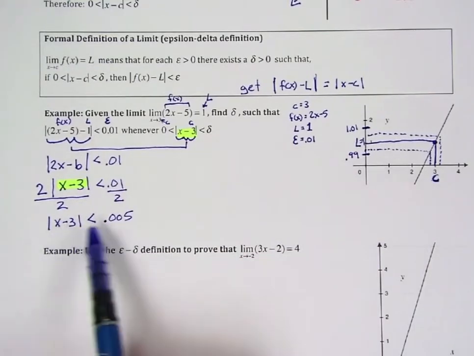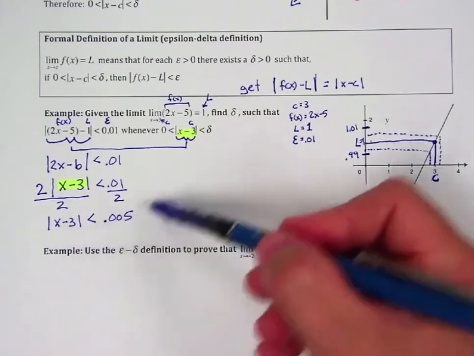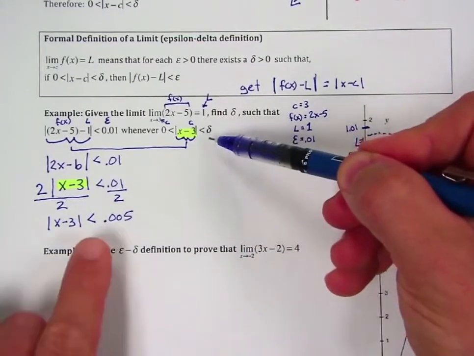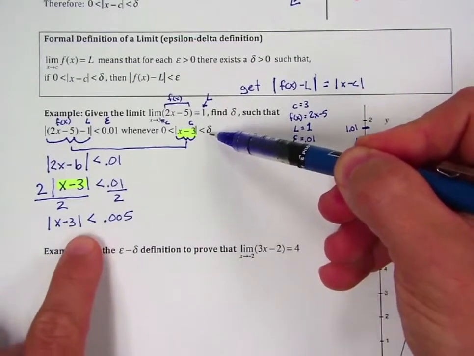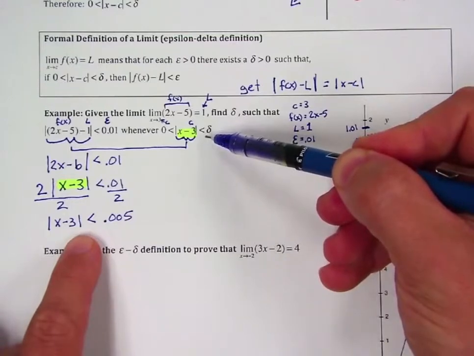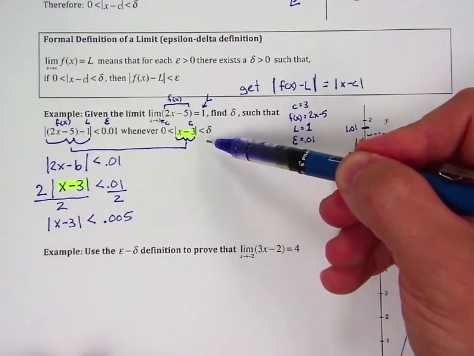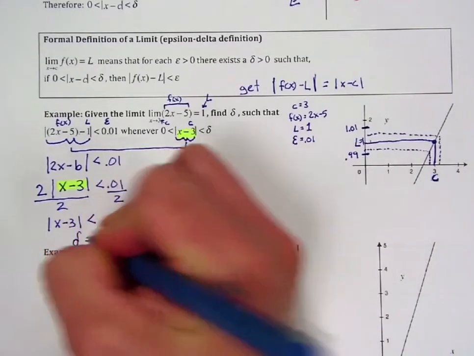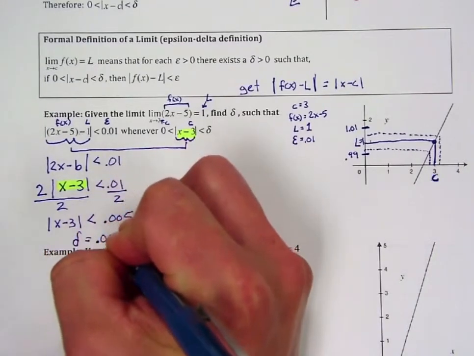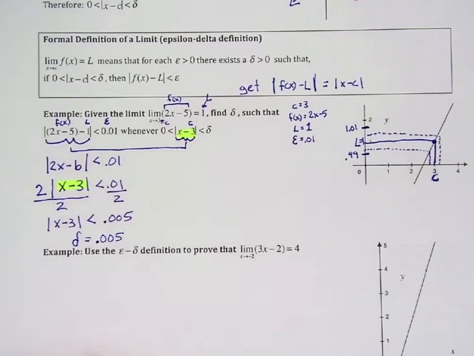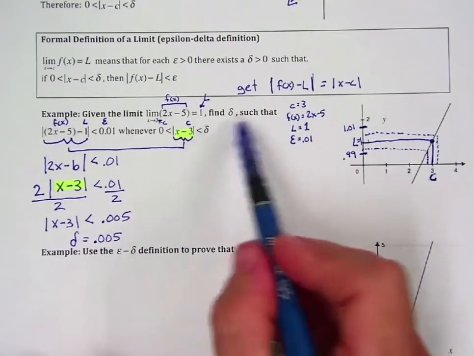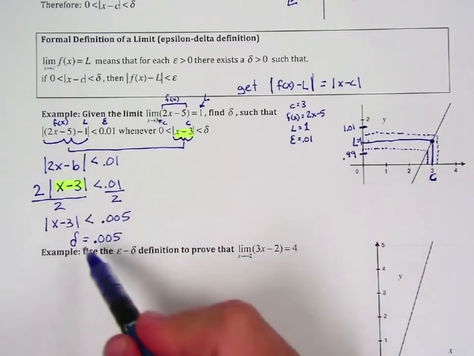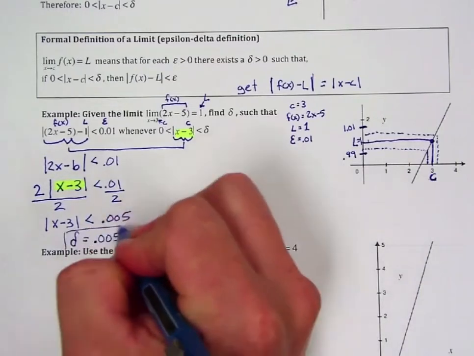Now looking at this, if we compare it right here, that is the same. Okay, do you see that? So what we've found here is that delta is going to be equal to 0.005. So that was our task, find a delta such that this was true, and we did that.